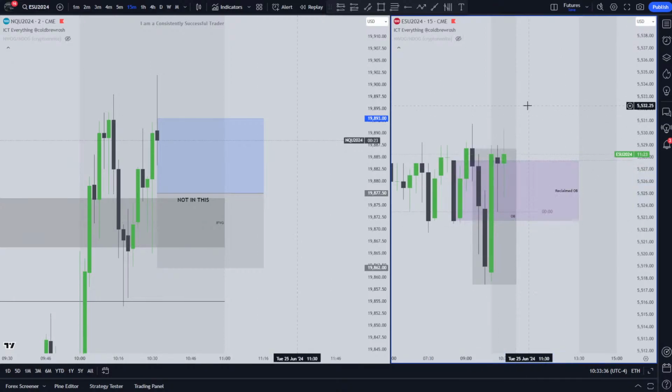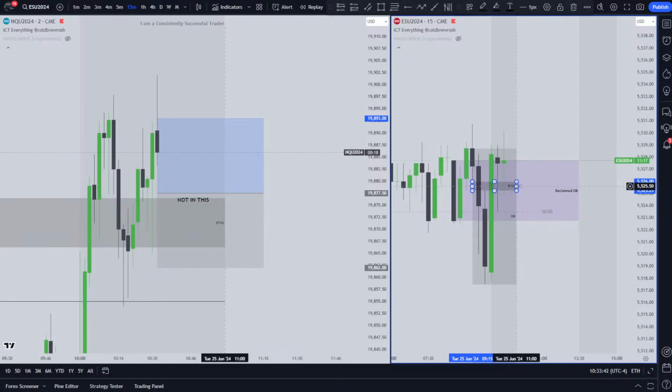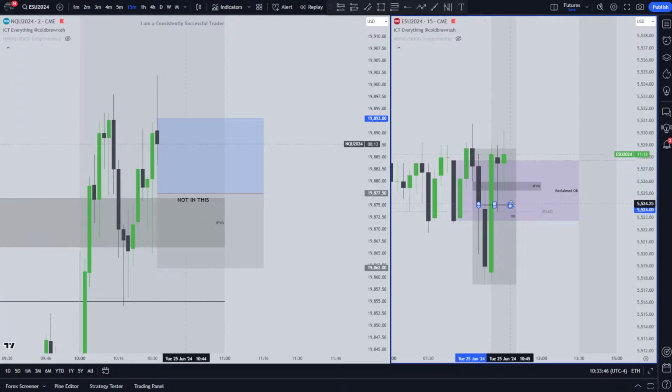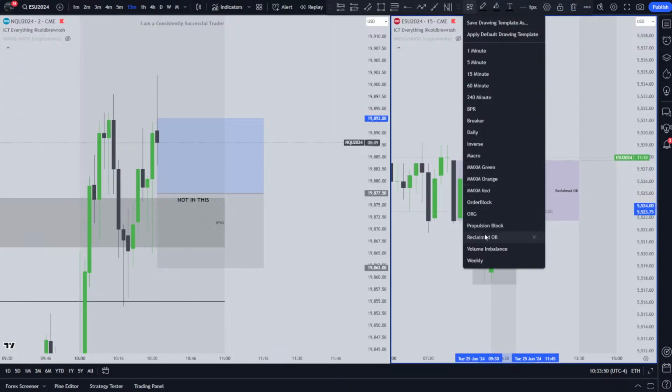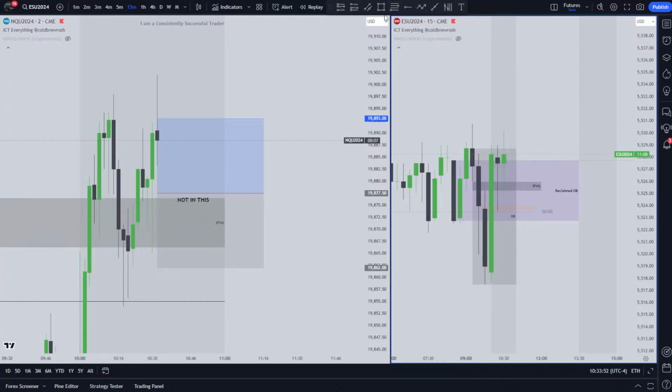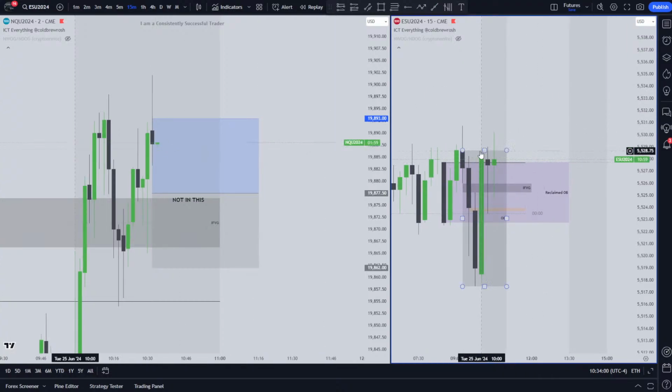We've got a reclaimed order block. We've got our inverse fair value gap. We've got our volume imbalance here. We've got 830 that we closed above. I'm talking about this candle here.